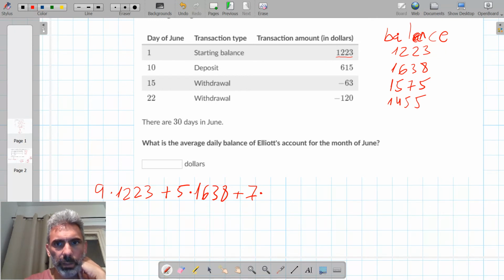And then for a period of 7 days, the balance was 1,575, from June 15th to June 22nd.